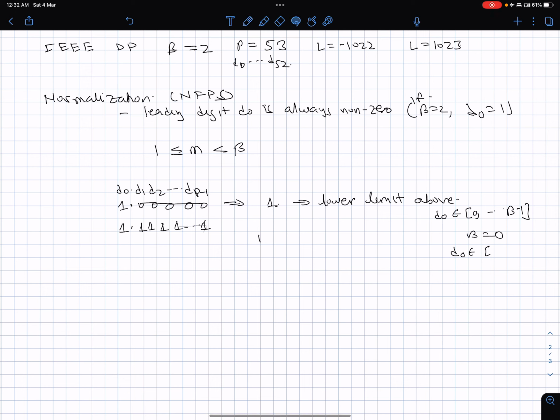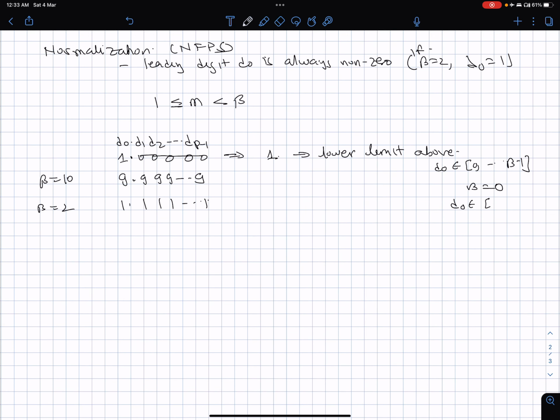This one is specifically for binary; if beta is 10, for example, you could set all of them to 9999. If beta is 2, then you can set all to 1111. So the digits range from 0 to beta minus 1.